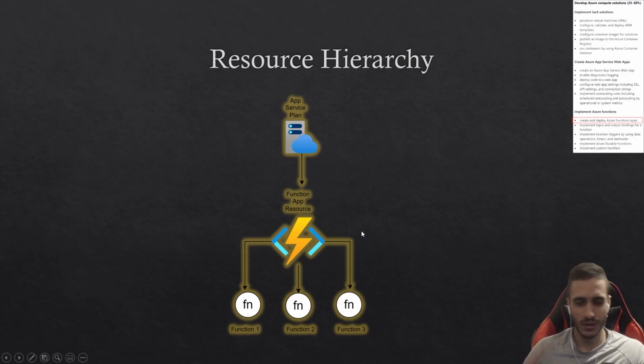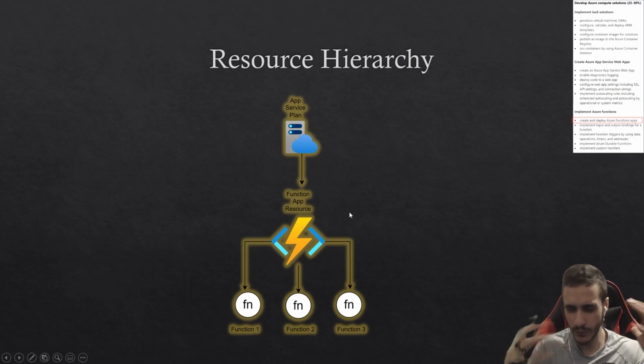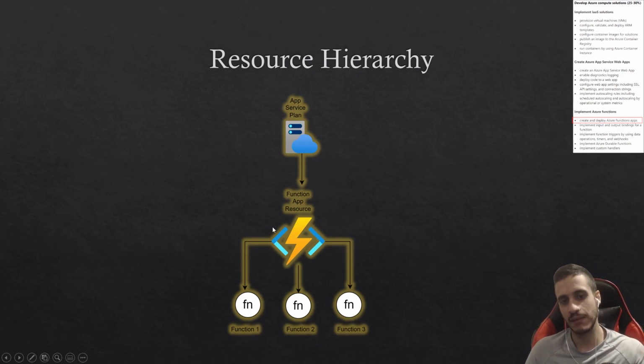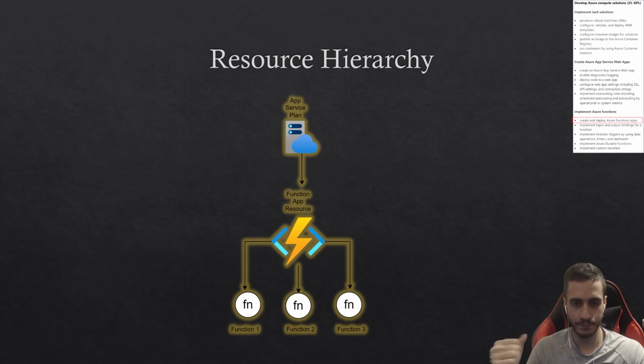Usually I've seen customers use just one function per function app resource, similar to how you would use one app service resource under one app service plan. But essentially you would have multiple functions under the same function app resource as a way to organize similar functions together. So that's the way it's used.